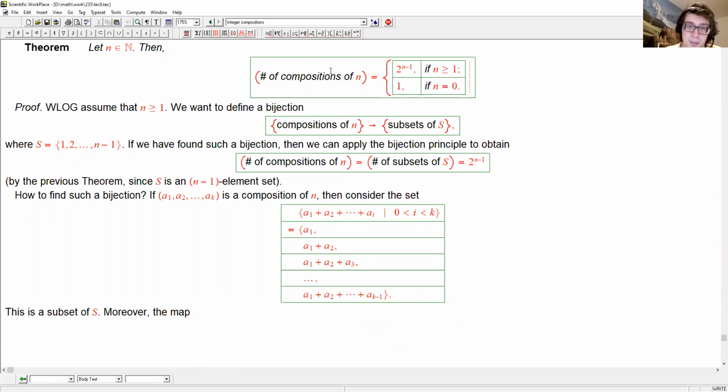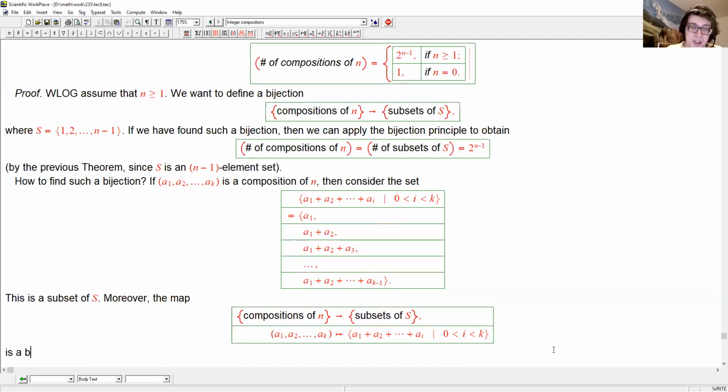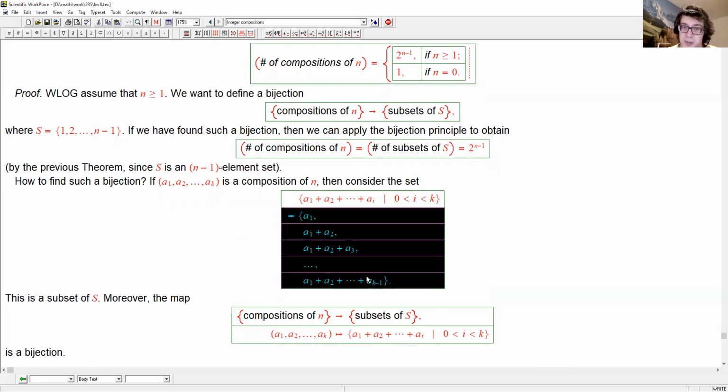Moreover, the map that takes a composition A1, A2, and so on, up to Ak, and sends it to this set is a bijection. This is not hard to check. What matters here is that this map is injective, because if you have the set, you can reconstruct the composition. You just sort the elements of the set in increasing order, and those are your partial sums.